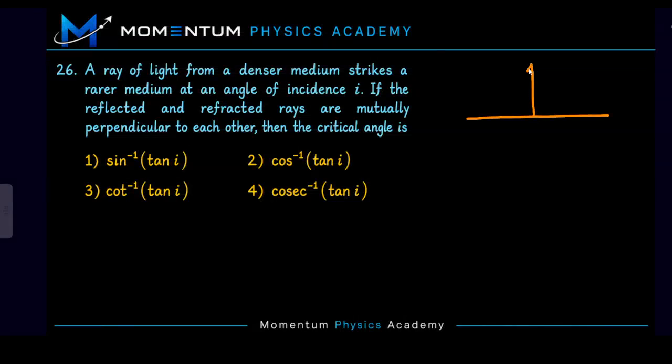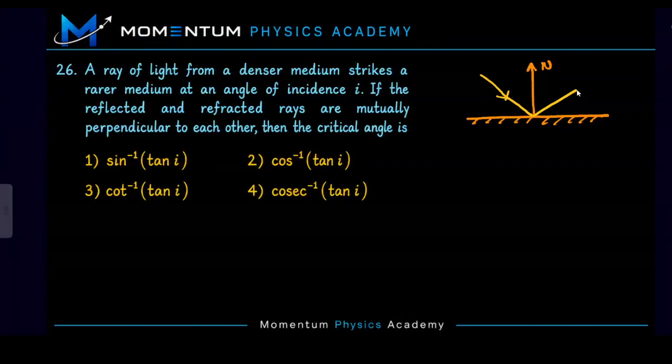And so let us say here this is a normal. Here the two light rays are incident here. A ray of light will incident, the light ray is reflected, and this light ray is refracted. Right, so this angle is angle of incidence I, this reflected angle is also I only, refracted angle, this is R.